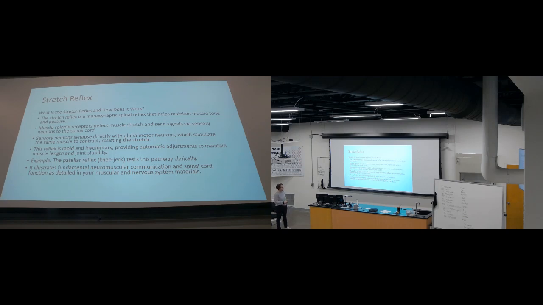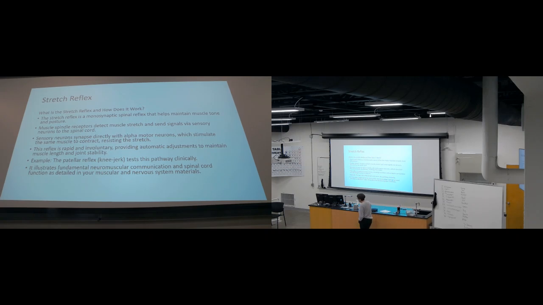So mostly this is an involuntary, rapid reflex, and it helps us to maintain adjustment, like if you were going to fall, to maintain balance. So you adjust the muscle length. An example of this is the patellar reflex, or knee jerk.